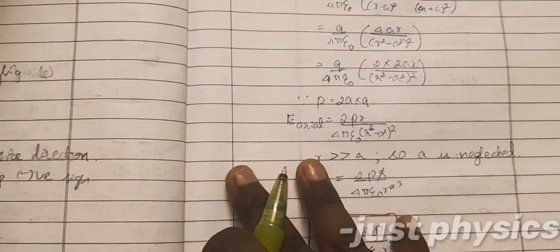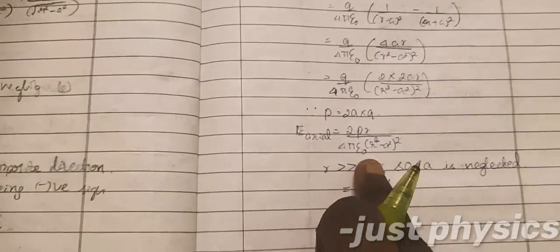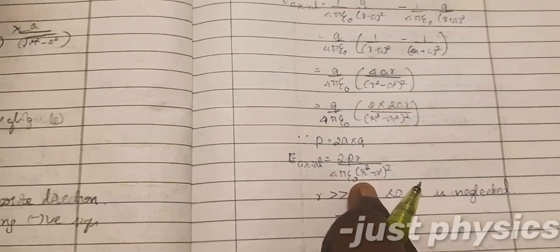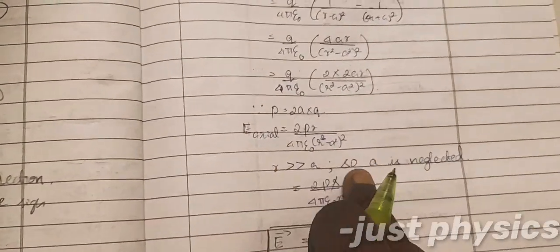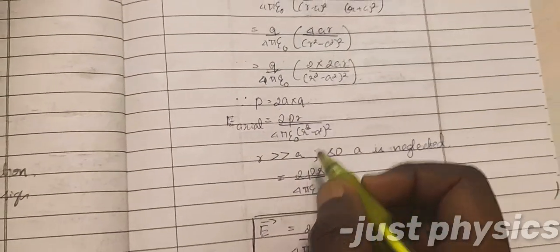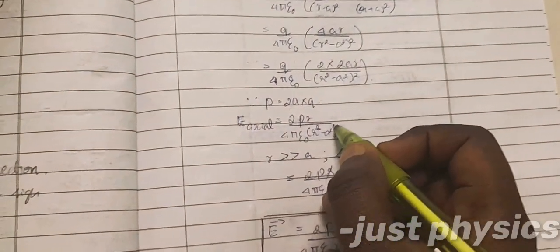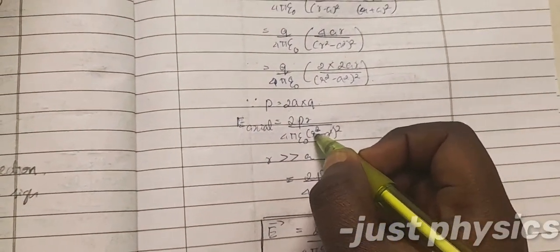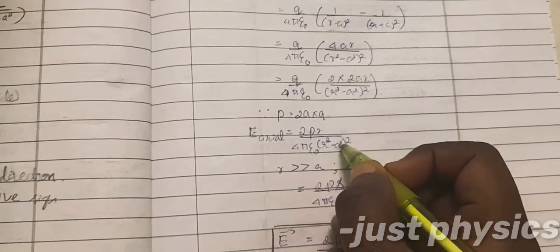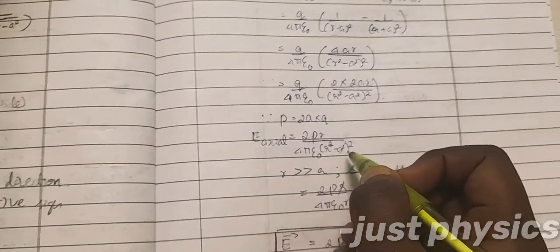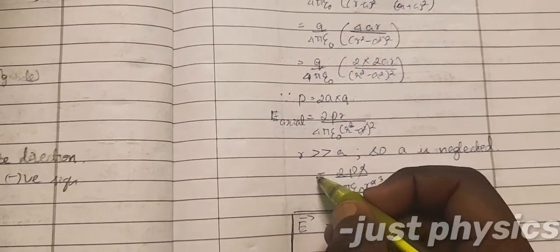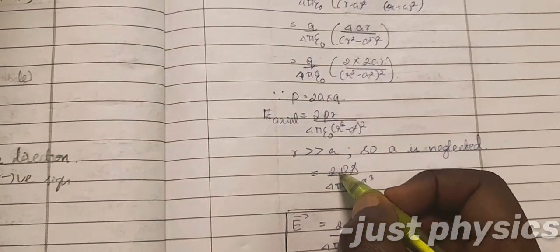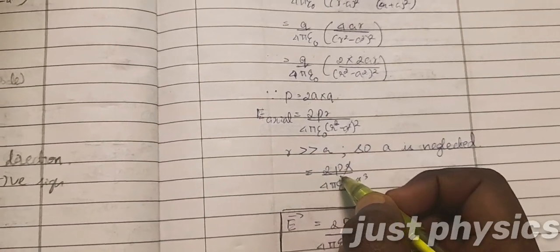Since r is very much larger than a, as you can obviously see from the diagram, we can neglect a. So the denominator becomes r to the power 4, and the numerator is 2pr.